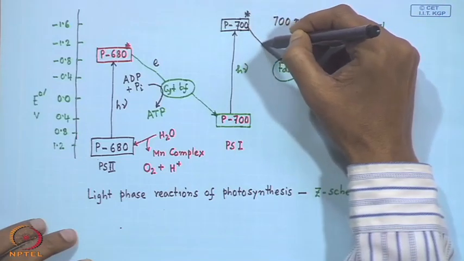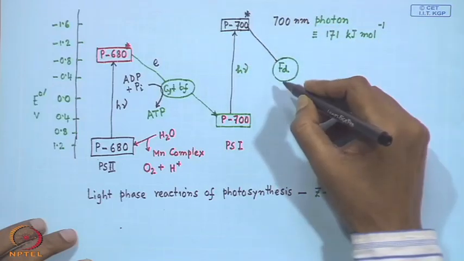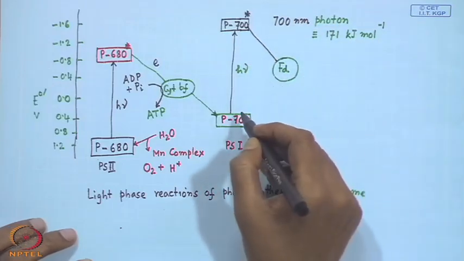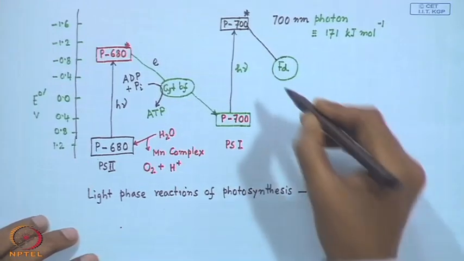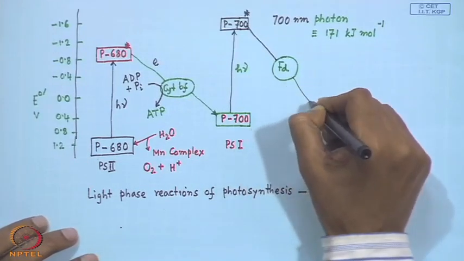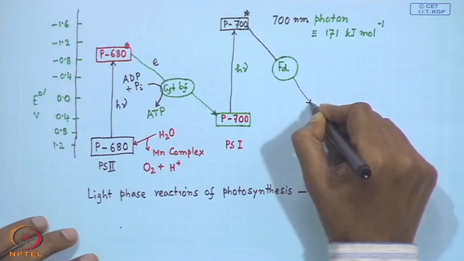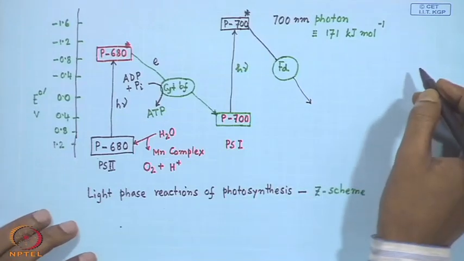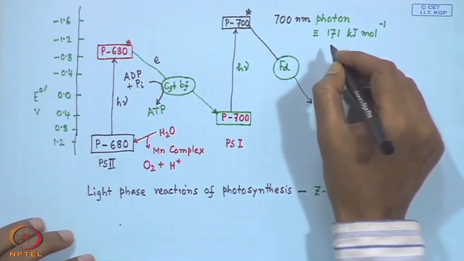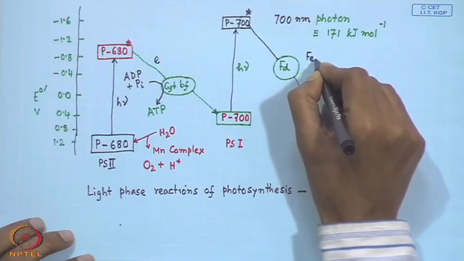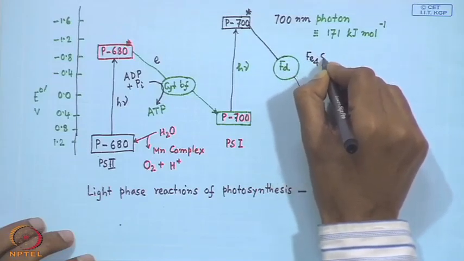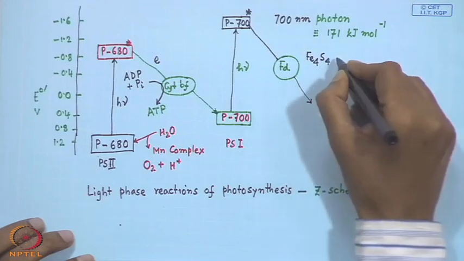This mediator transfers the ferredoxin molecule from the oxidized state to the reduced form, because this is basically a Fe4S4 species.